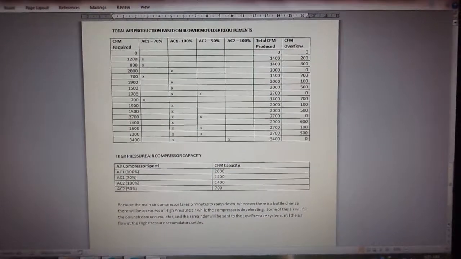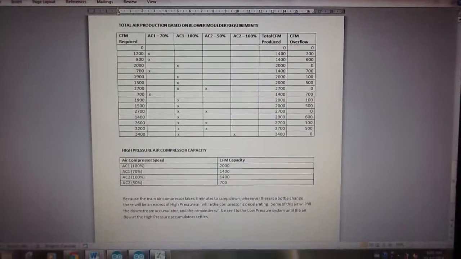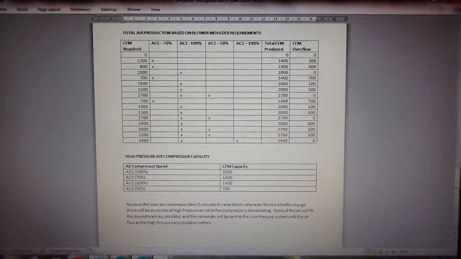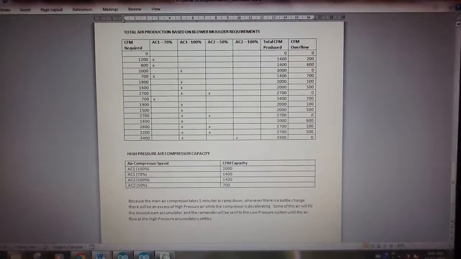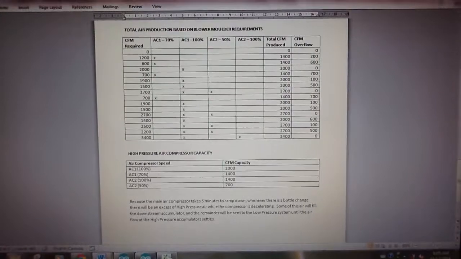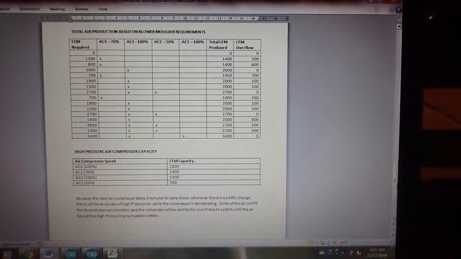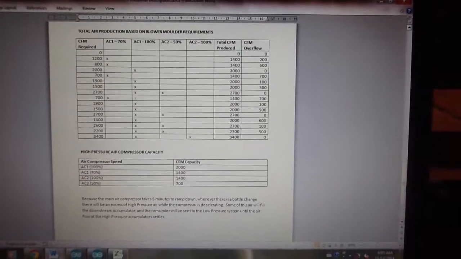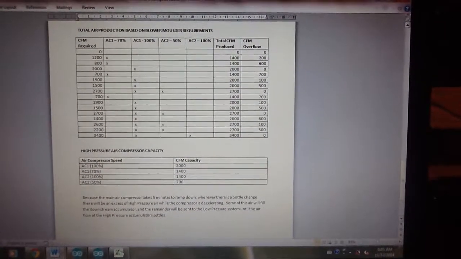So the numbers on the far left side correspond to the chart you saw before. And then across the top we have depending on how fast the air compressors are running. At the far side, that is the amount of CFM produced, and anytime there is an overflow, that air is being sent to the plant.